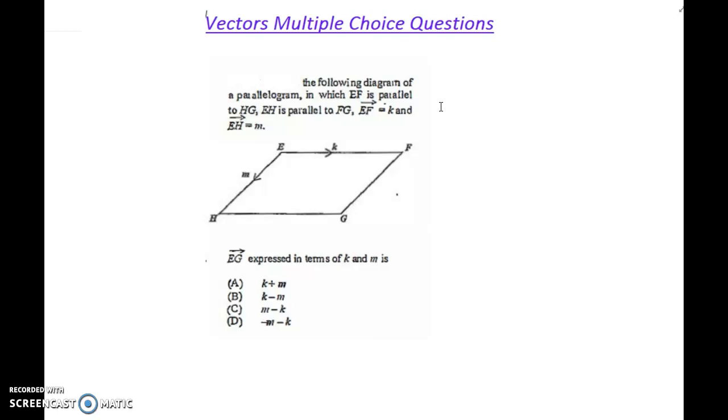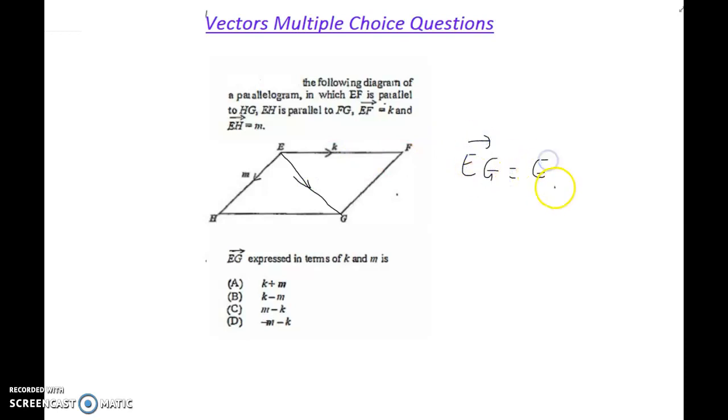Vector EF is equal to K, and vector EH is equal to M. We want to find vector EG expressed in terms of K and M. So let me draw my attempt at a straight line from E to G. This was probably the best one. So that's vector EG.